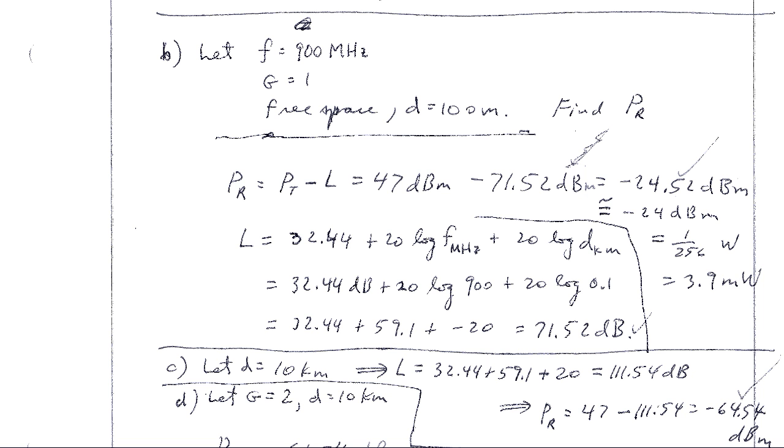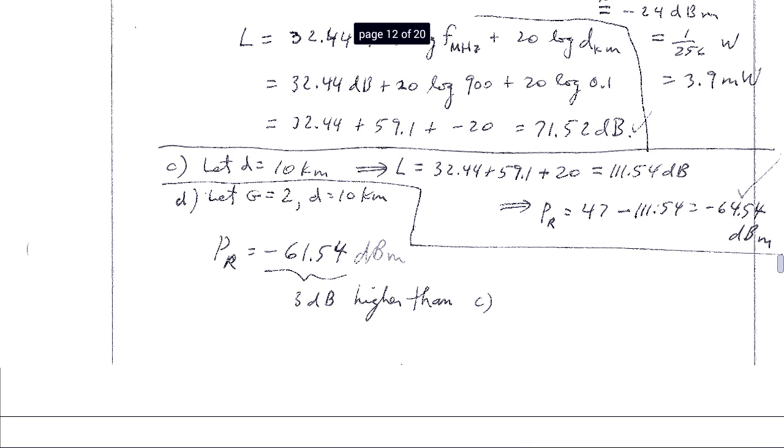For part C, it says to go ahead and let the distance be 10 kilometers now. And here I recalculate the loss based on 10 kilometers. I have the 32.44, the 20 log 900 stays the same, that's 59.1, but now I have 20 log of 10 rather than 20 log of 0.1, and log of 10 is 1, and so I have 20 times 1, or just 20 here.